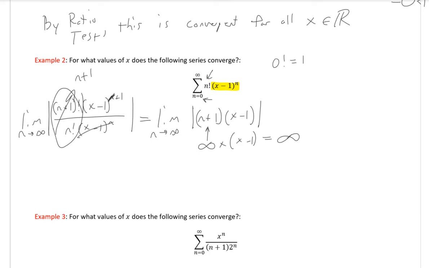This is at least true for all non-zero values of, in this case, x minus 1. If x minus 1 equals 0, then we just have the limit of 0, which is 0 itself. And this x minus 1 will equal 0 when x equals 1.